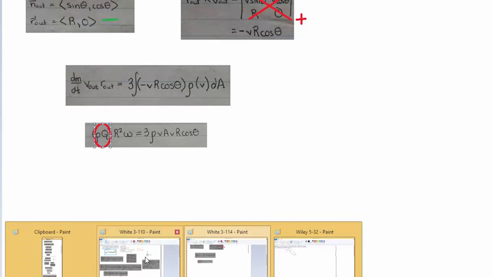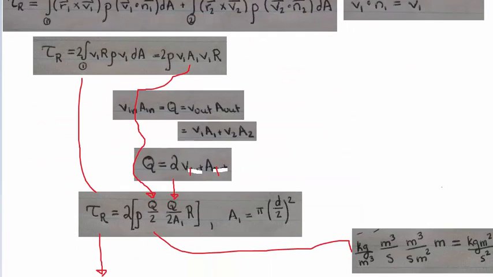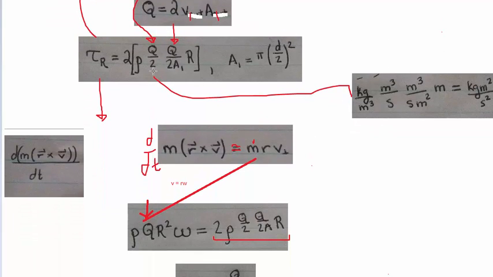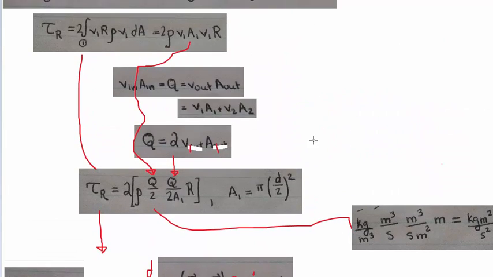Okay, so one thing that should be emphasized is this over here. And I should point it out again over here. Remember when we were getting this over here, when we turned this V1A1 into Q over 2. The reason we needed to do that was from our continuity equation, we knew that each outlet would have half the total flow.